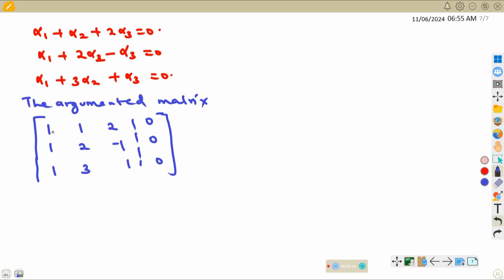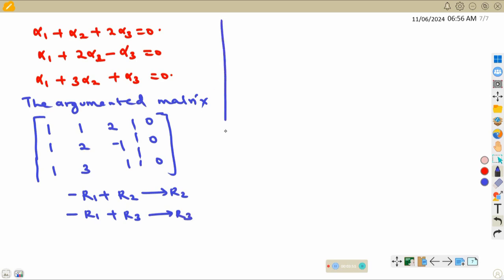For that case, we can apply the operations negative R1 plus R2 to give us R2, and negative R1 plus R3 to give us R3. If we do that, R1 is constant: 1, 1, 2.